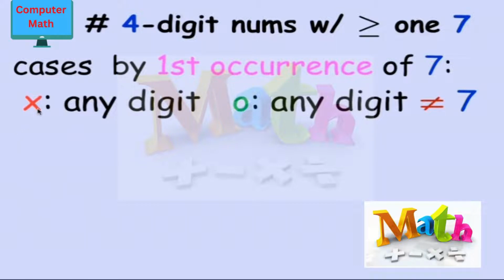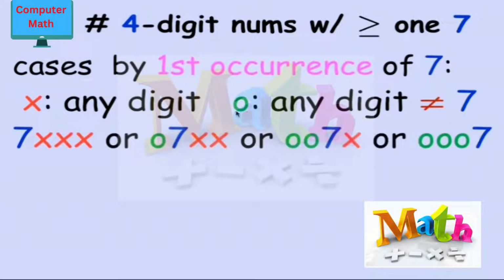So if we let x abbreviate any digit, there are 10 possible values of x, and O represent any digit other than 7, so there's 9 possible values of O, then the words that start with 7 can be followed with any 3 digits. So 7xxx is one possible pattern when the first occurrence of 7 is first.